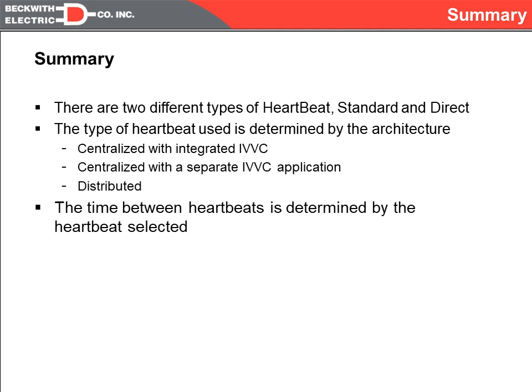If it's a standard heartbeat, then we don't have to do any timing. But if it's a direct heartbeat, we do have to do a time. And if it's a direct heartbeat, then we've got to know which of the architectures, whether we're running in remote manual or remote bias. If we're running in remote manual, we need to send it more frequently than if we're running in remote bias. We also have additional heartbeats that may be there for specific functions such as voltage reduction and remote voltage bias.